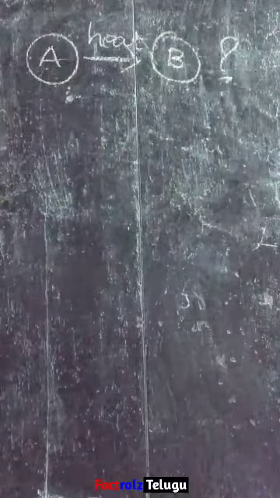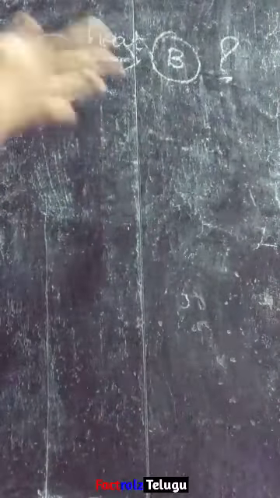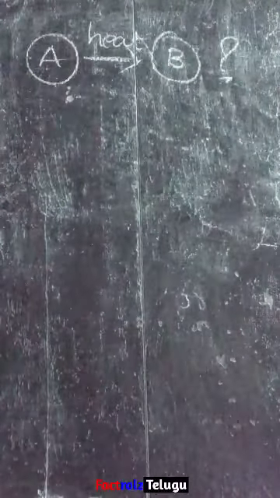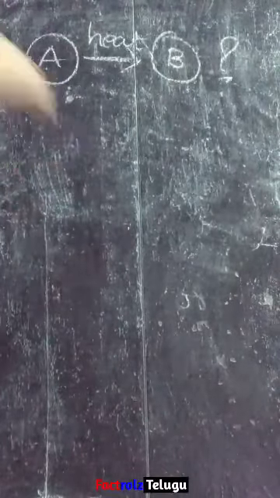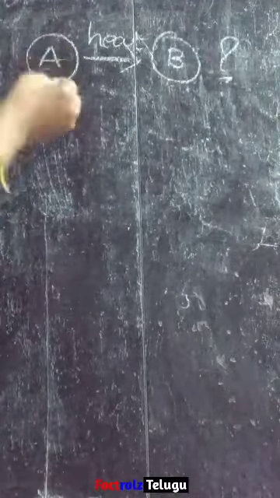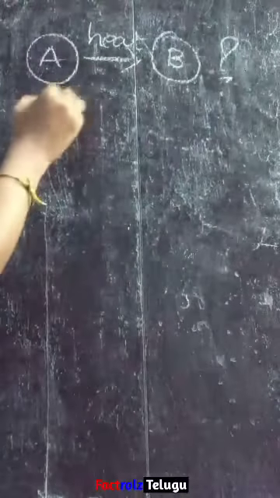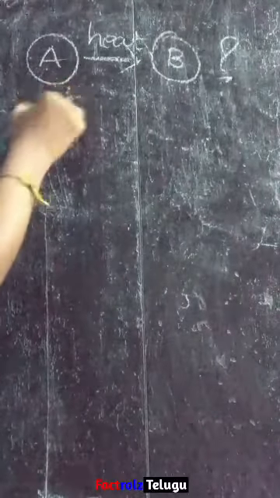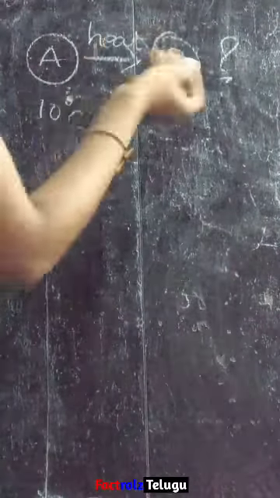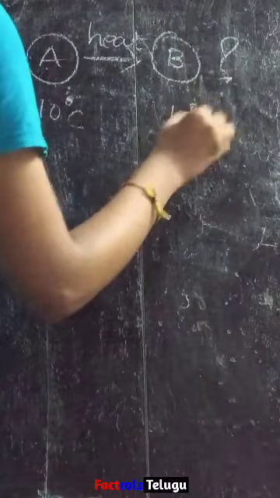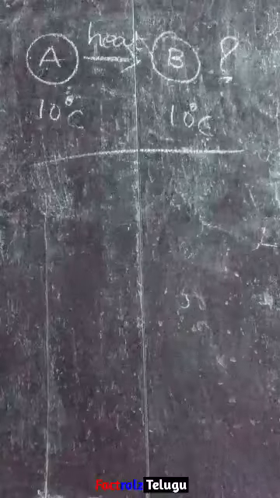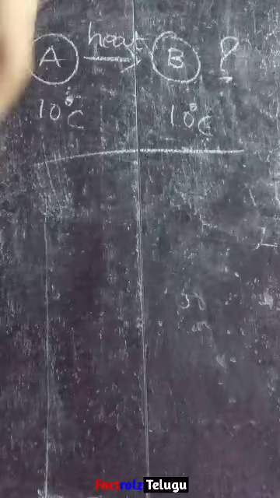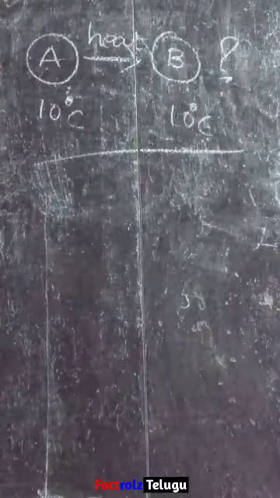Remember the example, or see the video again. Suppose body A is at 10 degrees Celsius and body B is also at 10 degrees Celsius. Then will heat transfer take place or not? Think about it, and post in the comment box.